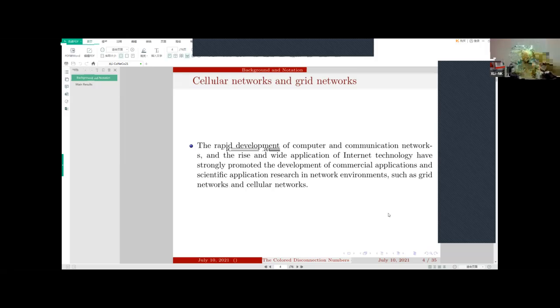Nowadays, internet technology is very important. People are using this technology, and to use it, you have to use computer and communication networks. So network modeling is an important subject to study, and especially grid networks and cellular networks are two popular and simple networks.